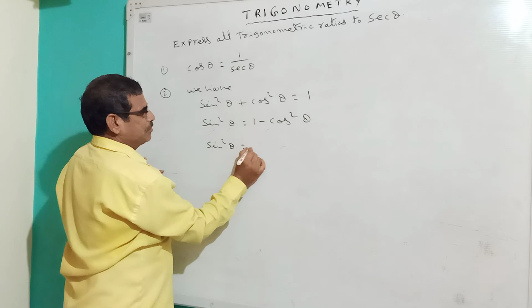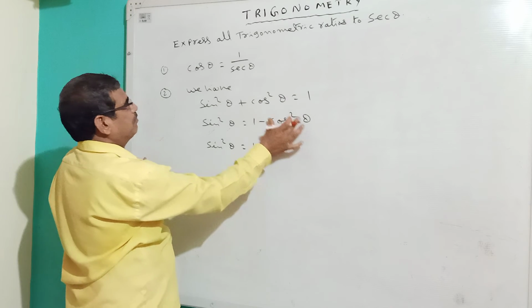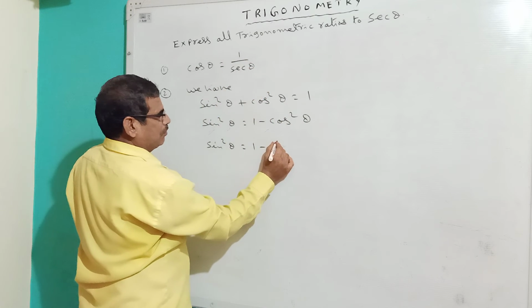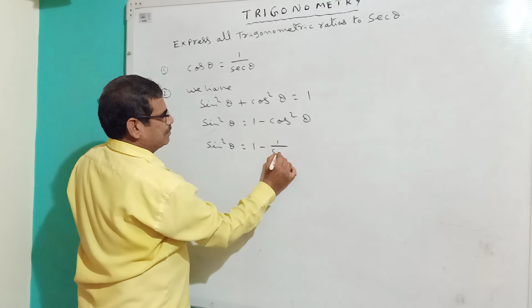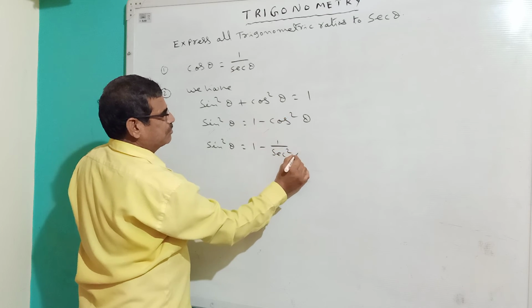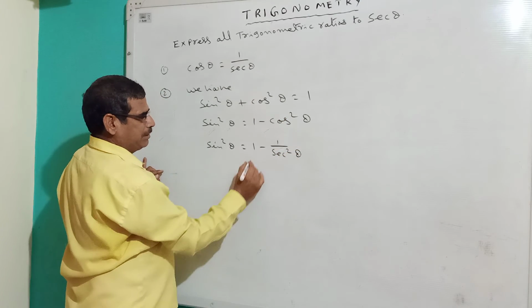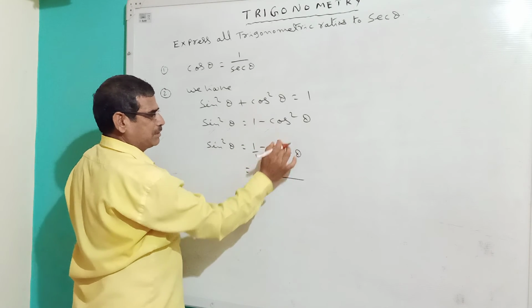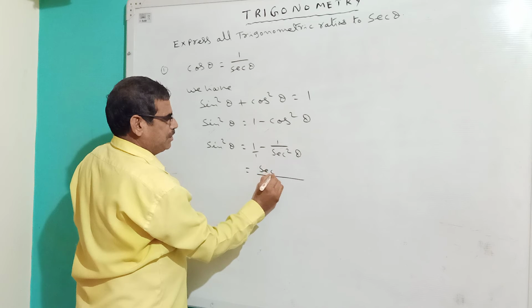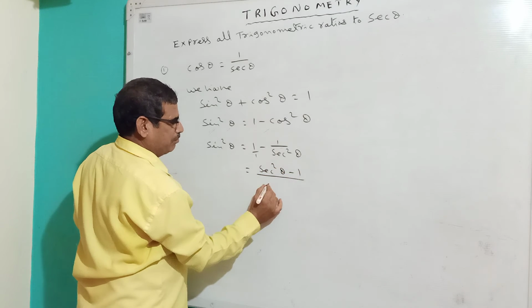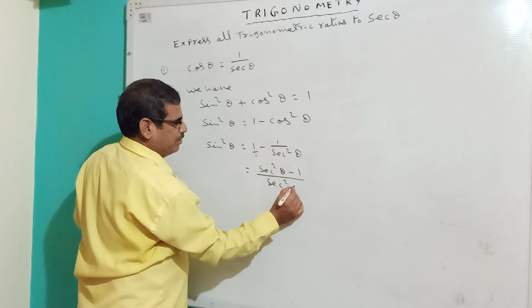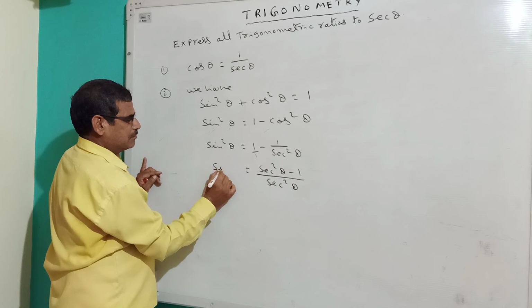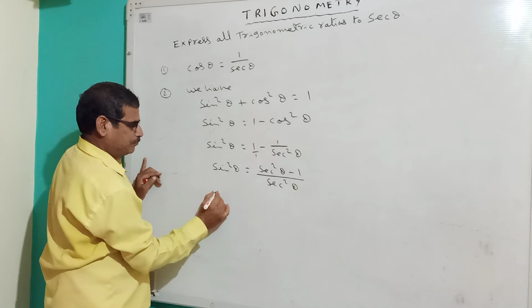Sin square theta is equal to 1 minus cos square theta. What is the value of cos theta? 1 by secant theta. Square means 1 by secant square theta. So here LCM is secant square theta. So sin square theta is equal to secant square theta minus 1 by secant square theta.